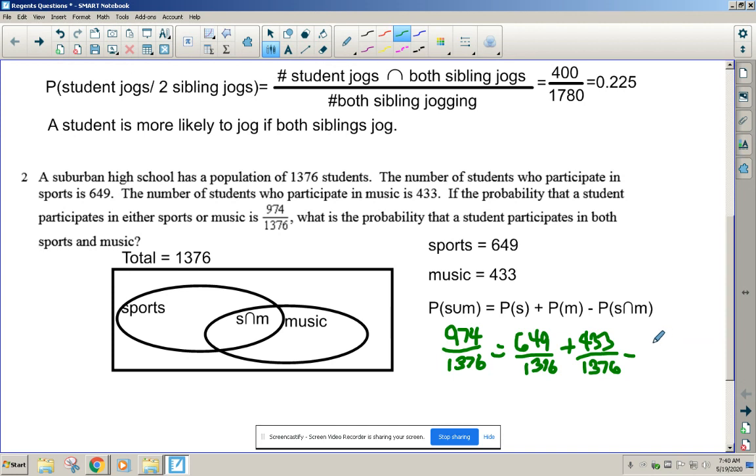So now this is going to be the and statement, the probability of sports and music.